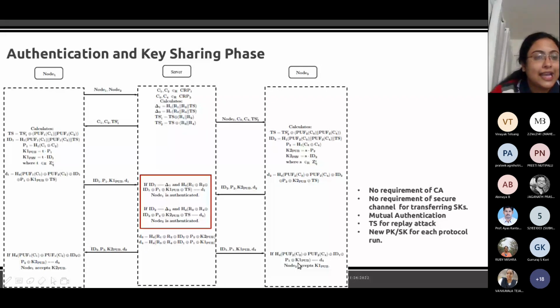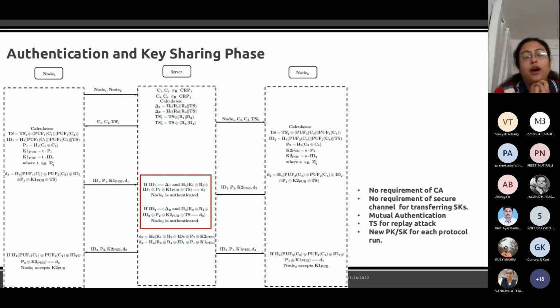Now, node 1 has access to these responses again, this R1 and R2, because it has the respective challenge. So it can validate that this public key has been truly sent by the server. So that is how node 1 is also validating that the data that is coming is truly from the server and from no one else, because only the server has access to its correct response.